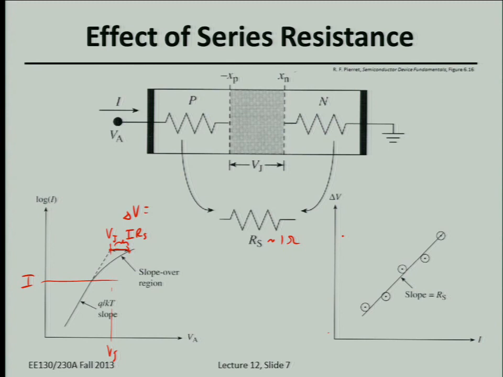You're going to have Joule heating because of power dissipation. The diode will heat up and basically melt before you can completely eliminate that built-in potential. So high-level injection and series resistance practically limit the applied voltage across the junction, and you'll never get rid of the built-in potential completely with any applied external bias.